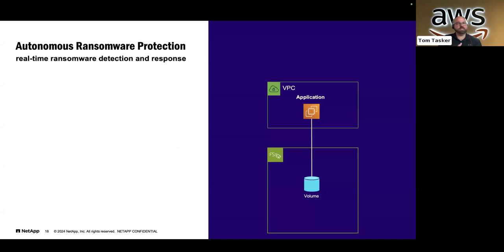Back to the content. So autonomous ransomware protection, ARP. I really like this. I'm not sure if you're supposed to have a favorite feature of a particular storage service, but for me, this is it. Like I said, right at the top of this webinar, I spend a lot of my time talking to customers around data protection, data integrity, and making sure that if something does happen, how can we be proactive?